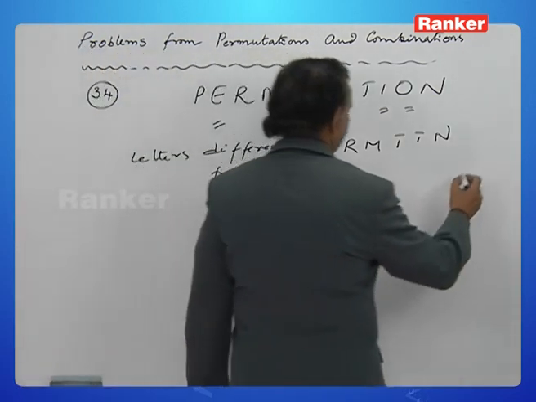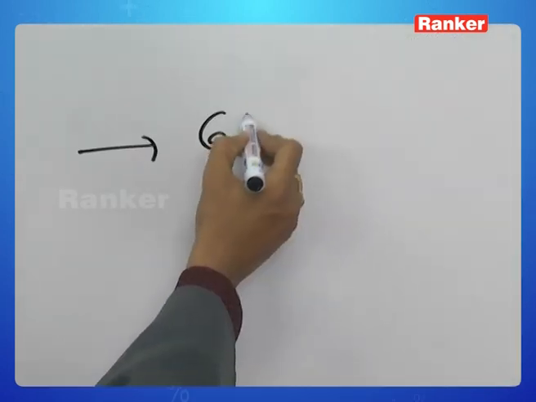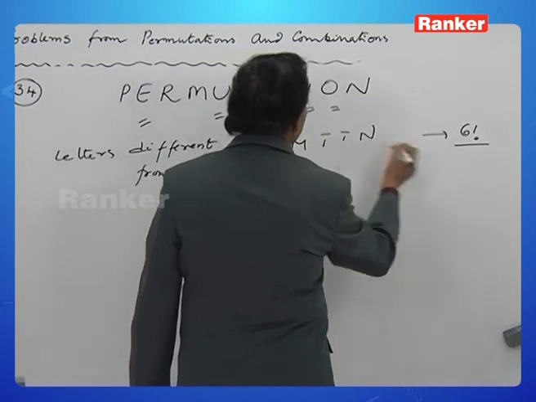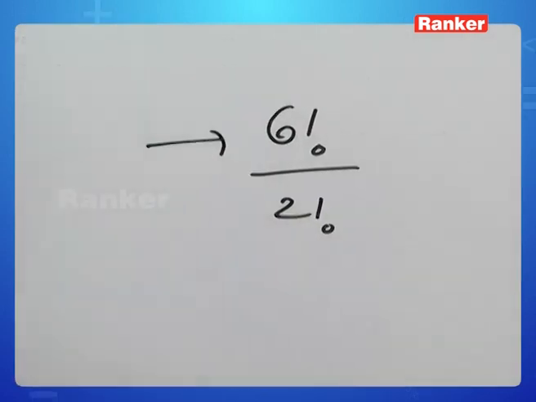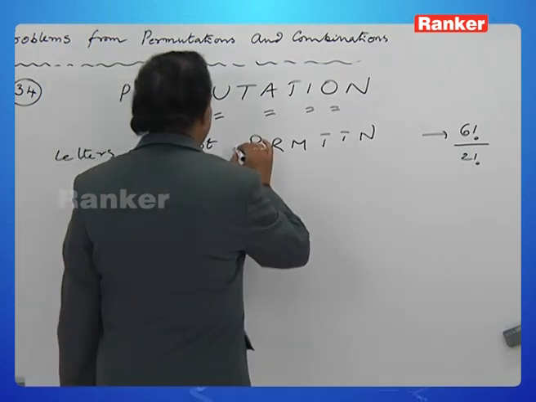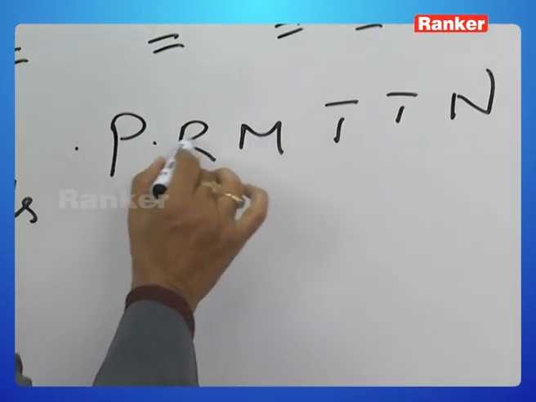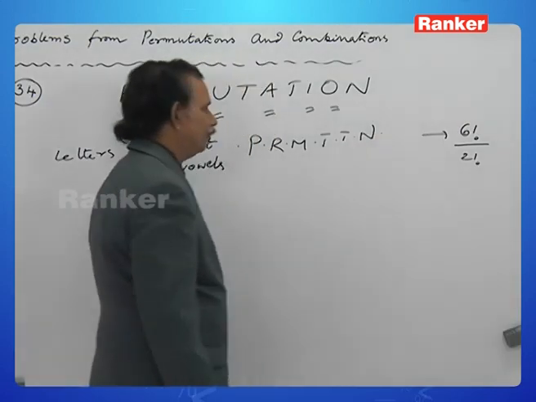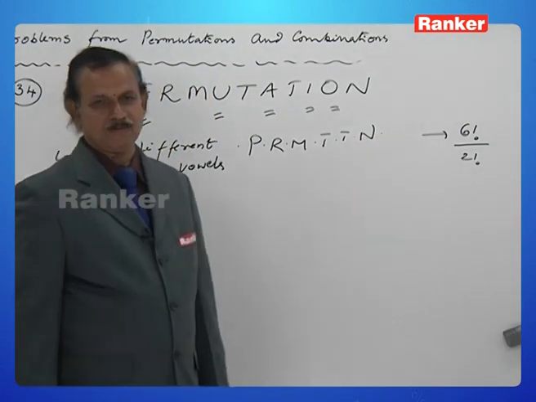This can be arranged in 6 factorial by 2 factorial. Among these, how many gaps will be there? 1, 2, 3, 4, 5, 6, 7. 7 gaps will be there.